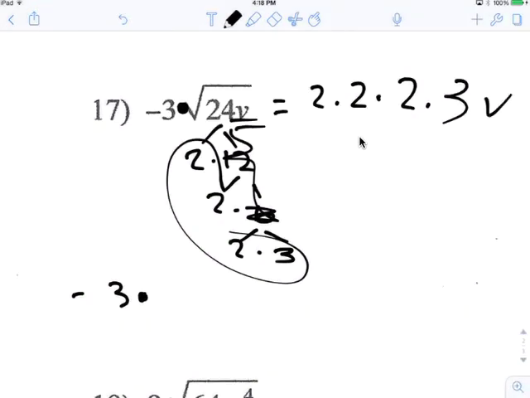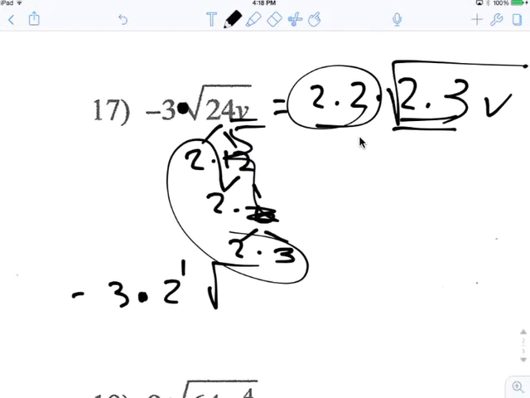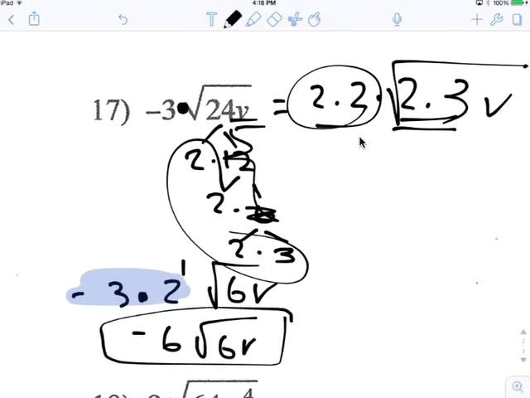There's only 1 v, so you got 1 pair, multiply these together. 2 to the first, this all gets in there, radical 6v, negative 6v radical 6, right there.